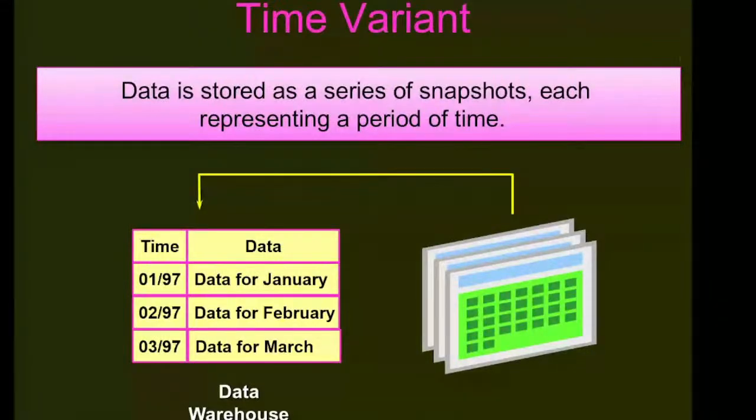That means in 31 days you do a lot of transactions, but we consolidate and put summaries of the January sales data in one record. Similarly, as and when February is over, February data, March data, etc. So they are stored in the form of snapshots.